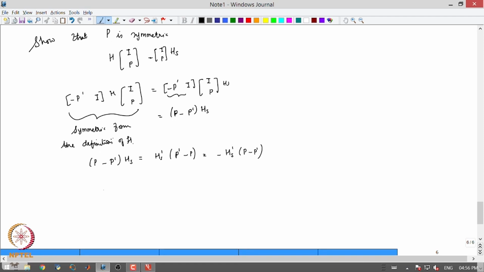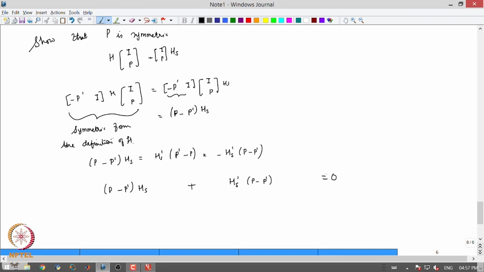So, P minus P transpose Hs plus Hs transpose P minus P transpose is equal to 0.